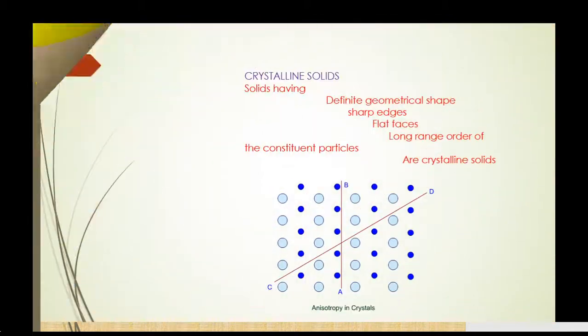So, there are certain characteristic features for crystalline solids as well as for amorphous solids. On the basis of their distinctive features, we can identify whether the solid is crystalline or amorphous.